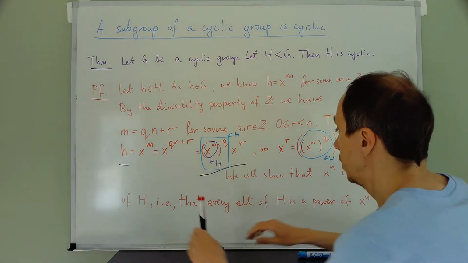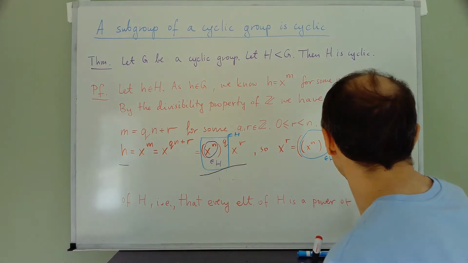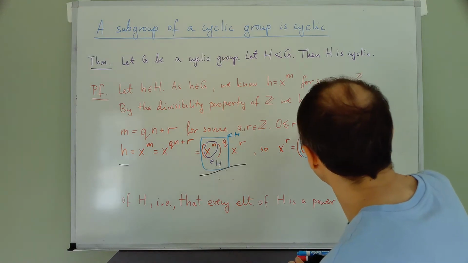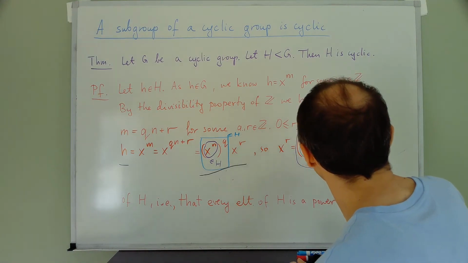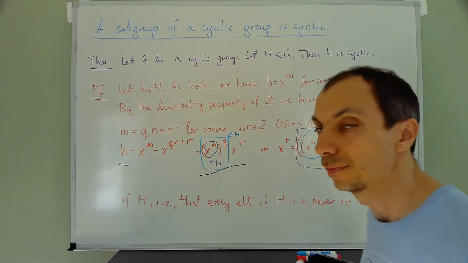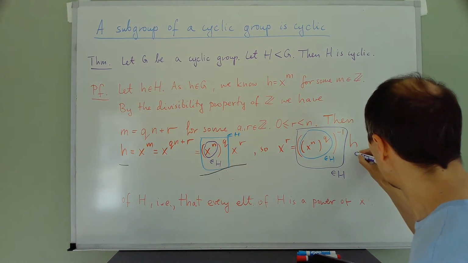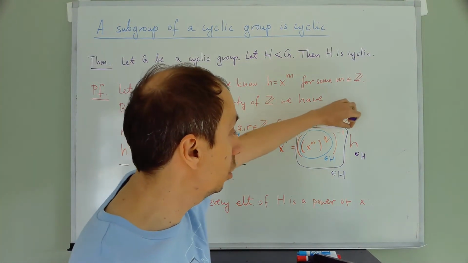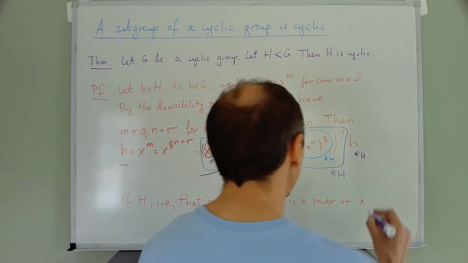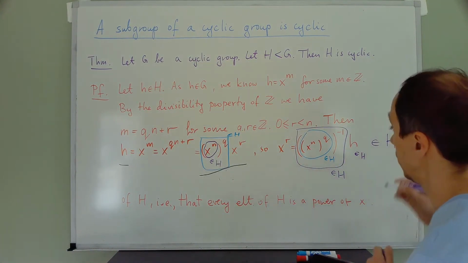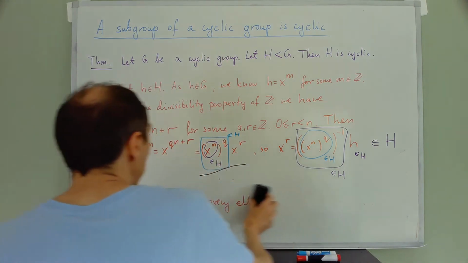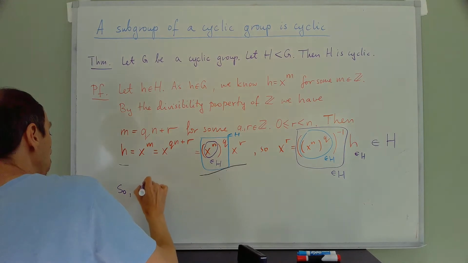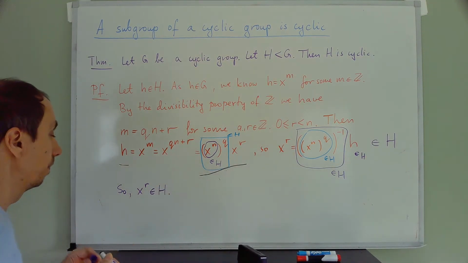But H is a group, which means the inverse of an element of H is also an element of H. So that whole thing here is also an element of H. But h is also an element of H. And H again is a group, so if I take an element of H times an element of H, I get an element of H. So that means this whole thing is an element of H, i.e. X to the r is an element of H. So X to the r is in H.